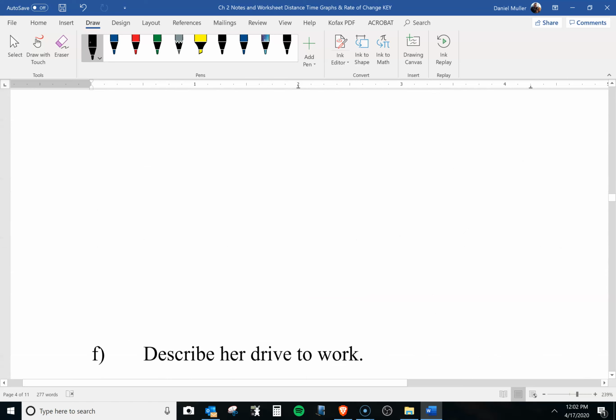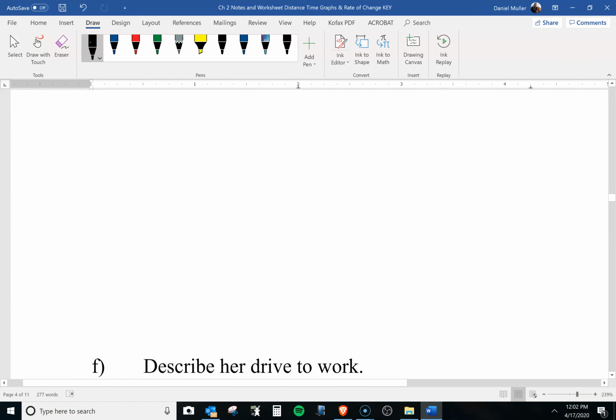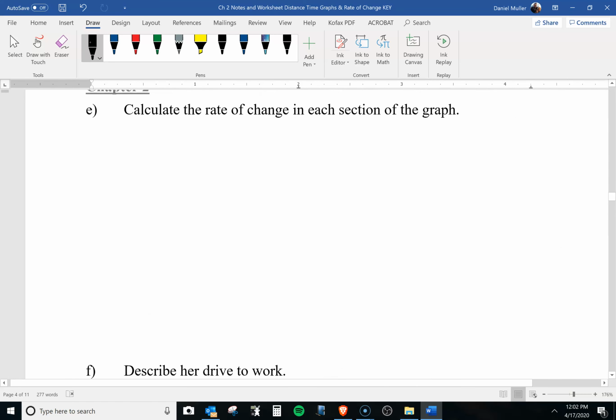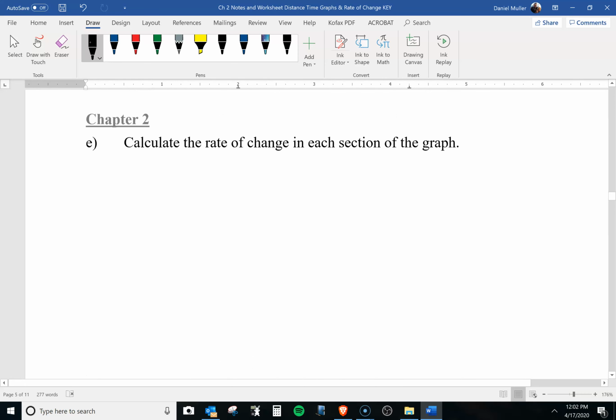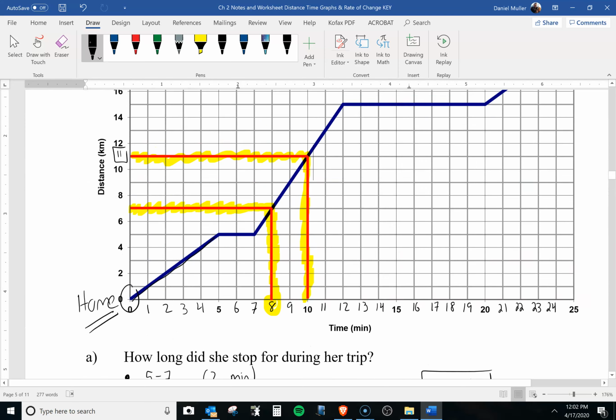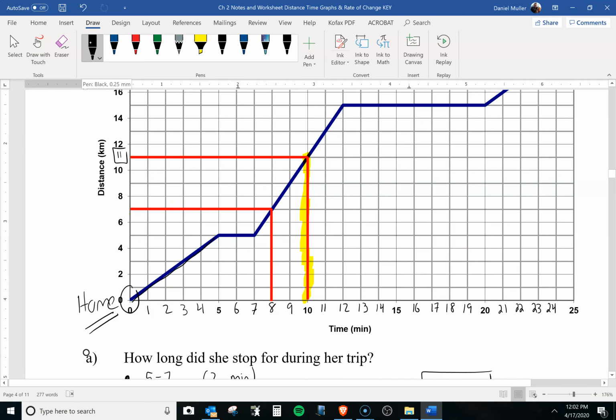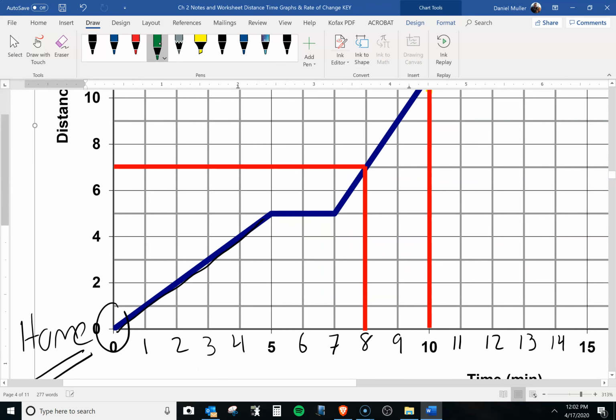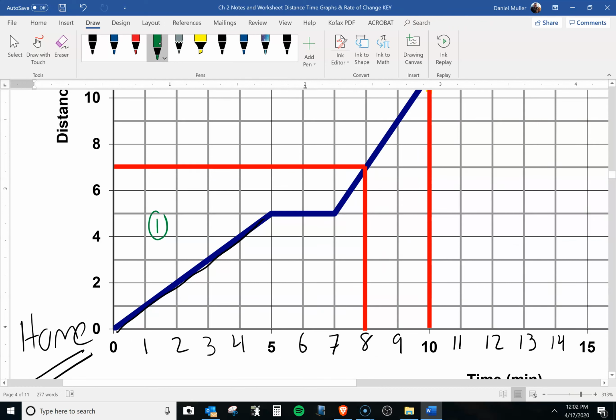Calculate the rate of change for each section and then describe it. Describe her drive to work. So I might include both of these together, but we need to do a bunch of different sections. So I'm going to do this in green. I'll calculate this here. I'm not going to do the stops because those are just stops. So here I'm going to say, what is my rise over my run?